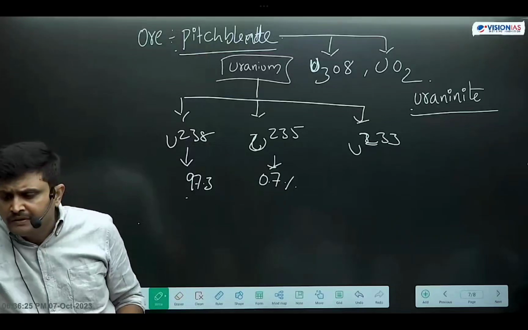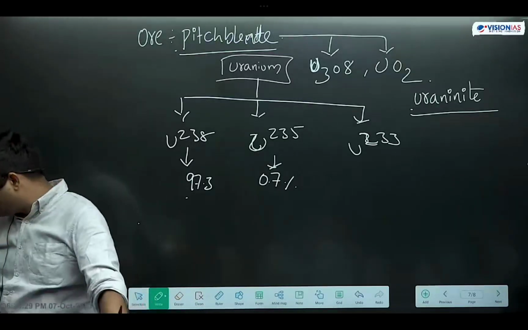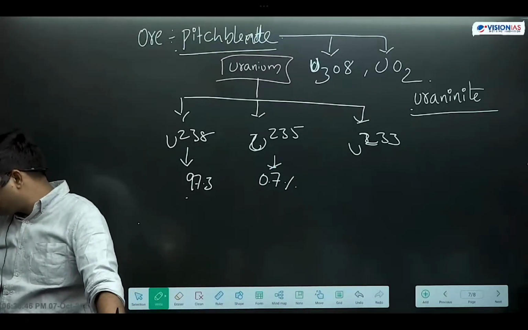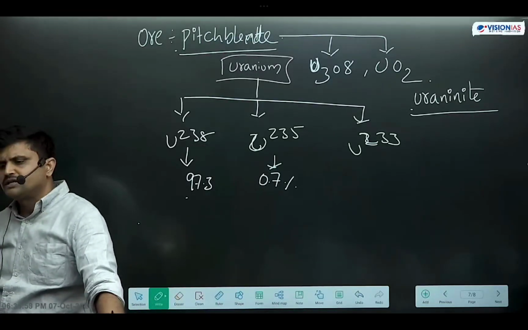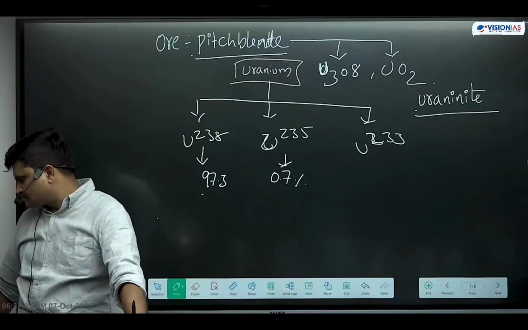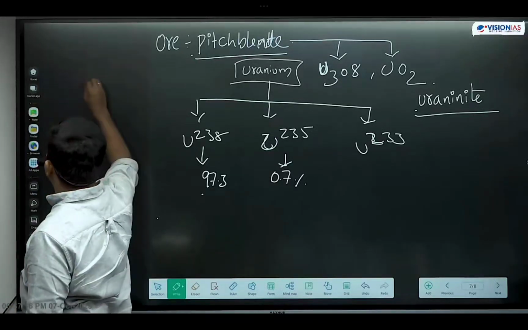Next one is, uranium is abundantly available in the earth crust, as well as in water bodies, and in every living organism's body.